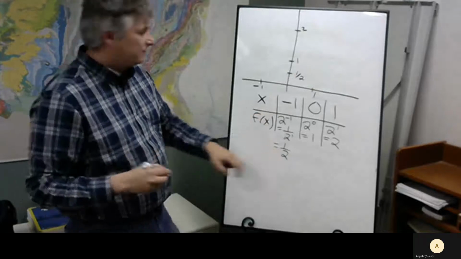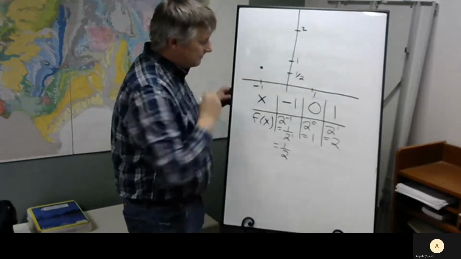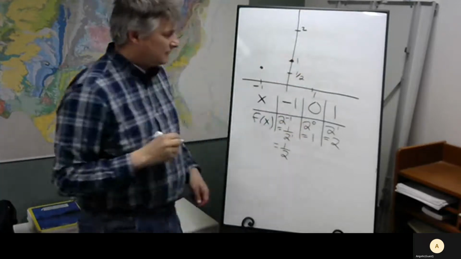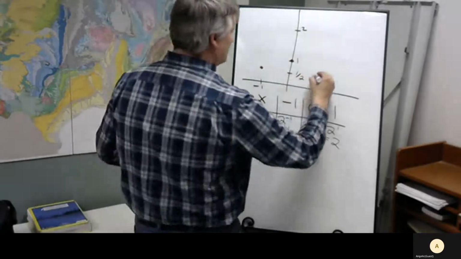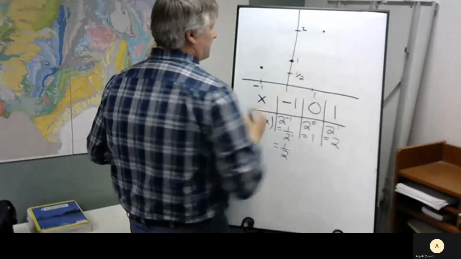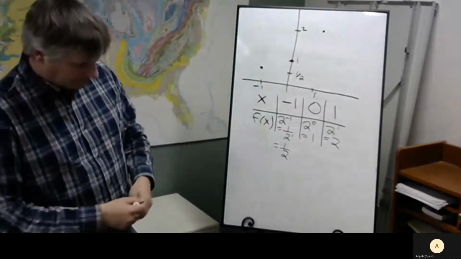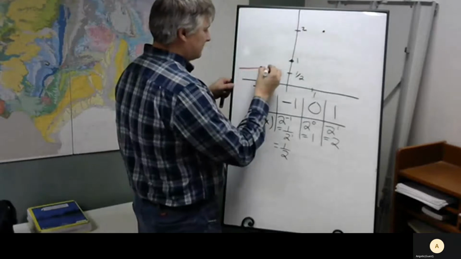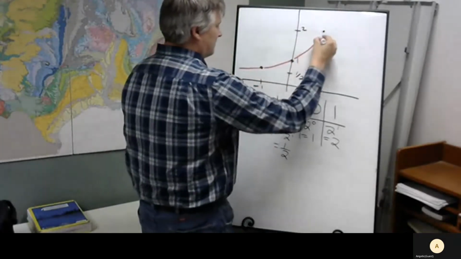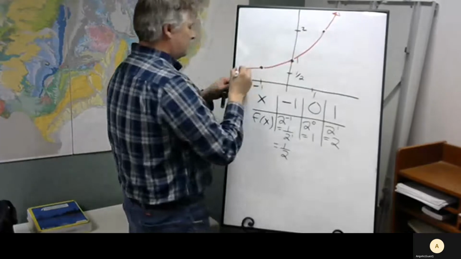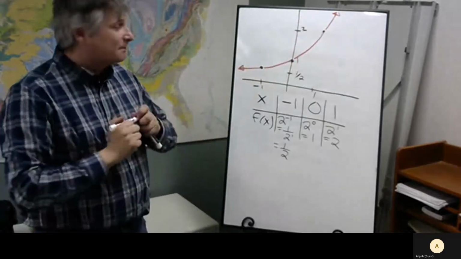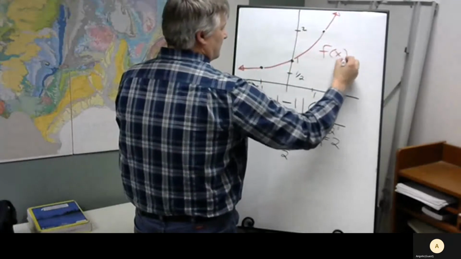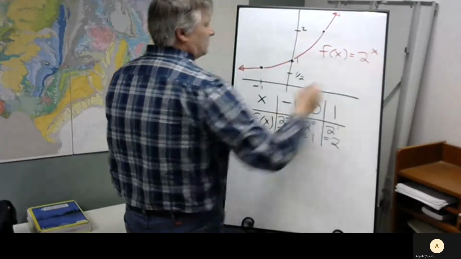So at -1 and 1/2, we have a point. 0 and 1, we have a point. And 1 and 2, we have a point. So connecting these together, we're going to get a function like that. So this will be your f of x is 2 to the x.